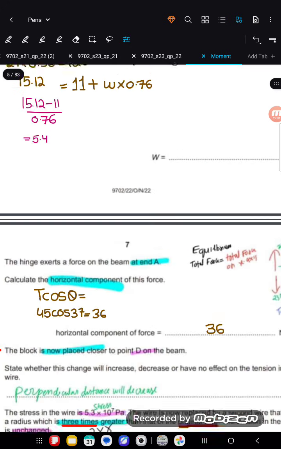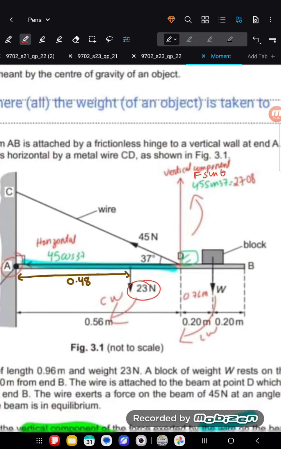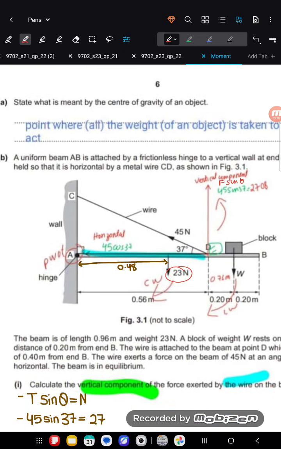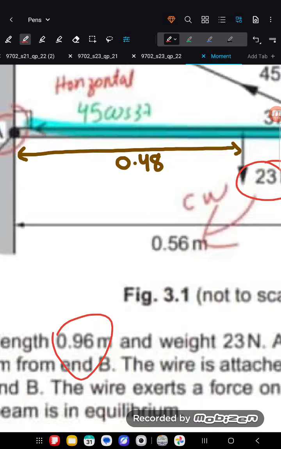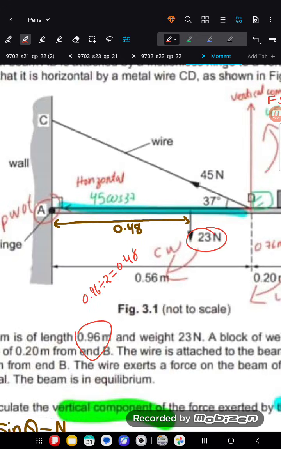Here also, they did not give this distance, the full distance was 0.96, so 0.96 divided by 2 is 0.48. This acts at the half of the beam.